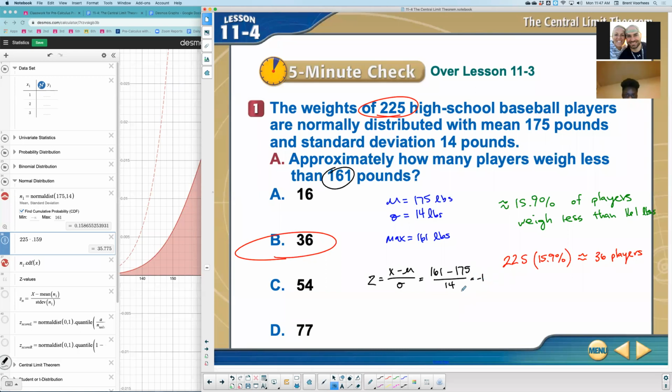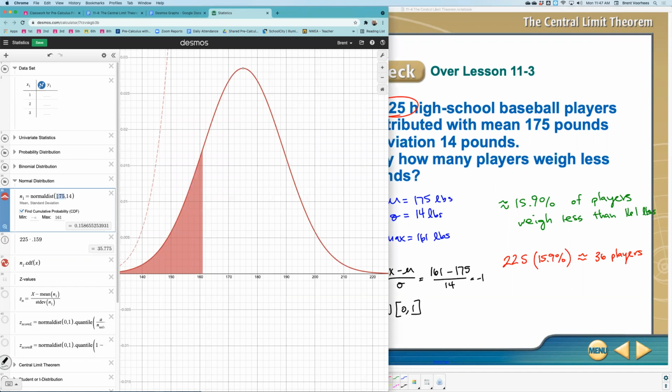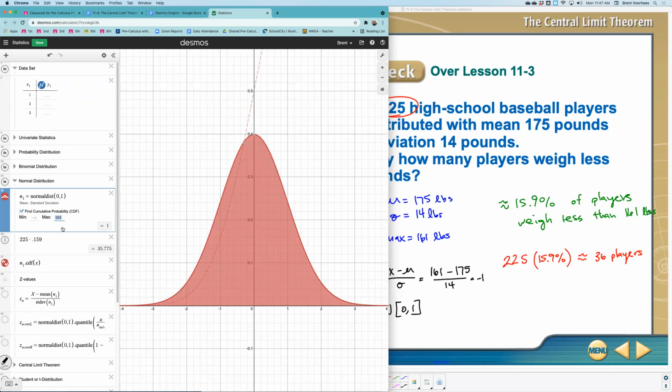And so what we could have done is on the standard normal, that means it's a normal distribution with a mean of 0 and a standard deviation of 1. You would look at the Z value of being left of -1. So I'll show you, this would give us the same exact value. If I change this to a 0 and this to a 1, and I wanted to look at the values from -1, you see it's the same number. So that also would have worked.